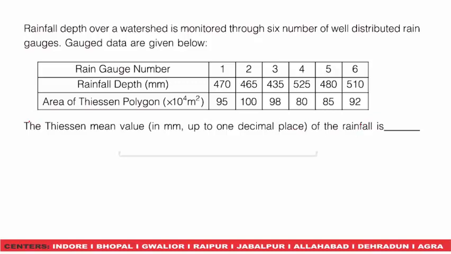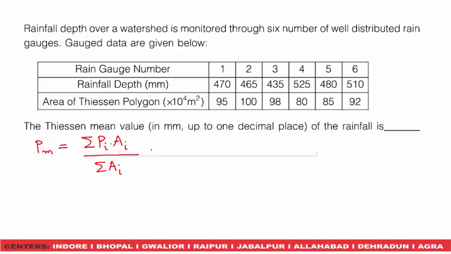We know that the mean value of rainfall is given by the summation of rainfall at the ith station into the representative area of the ith station, divided by the summation of all the representative areas.